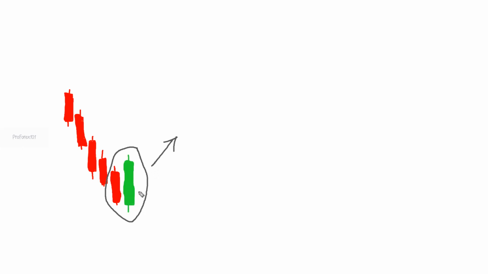Also, this whole signal combined has to be bigger than the previous candle here, which is a bit small. I drew this smaller than this whole signal purposely, just to show you what you should be looking for.